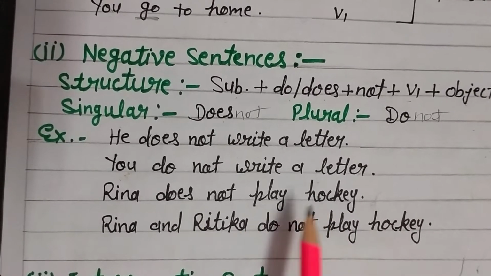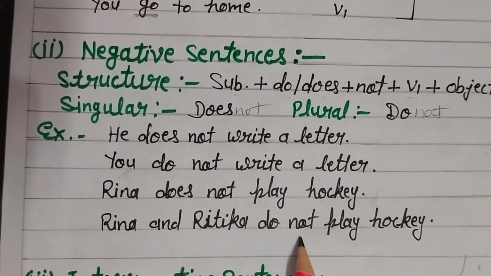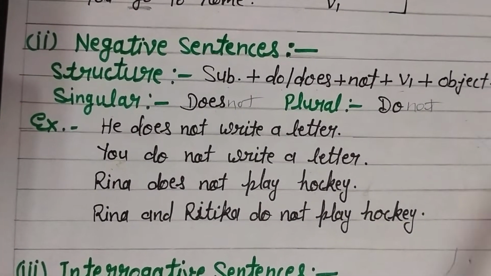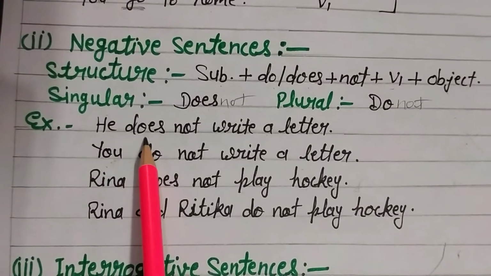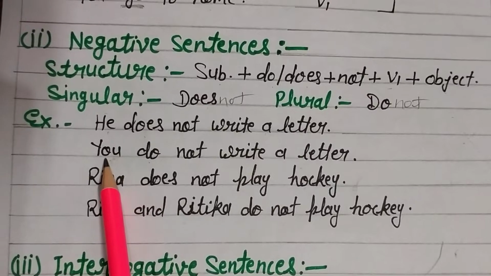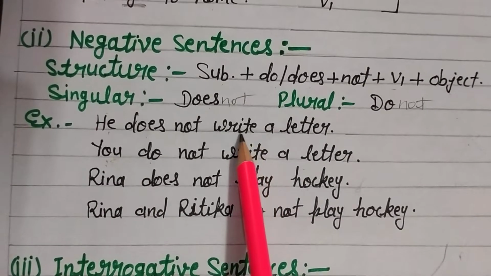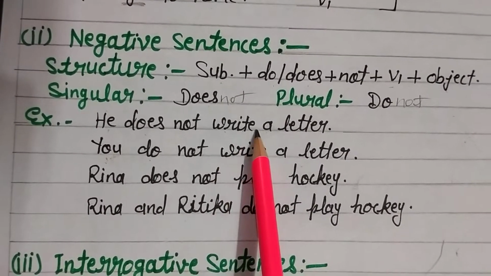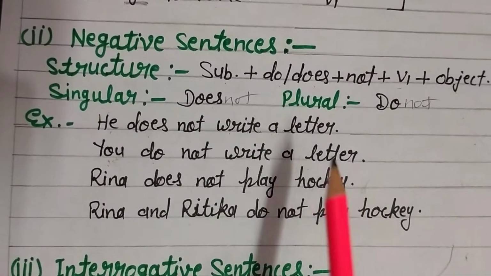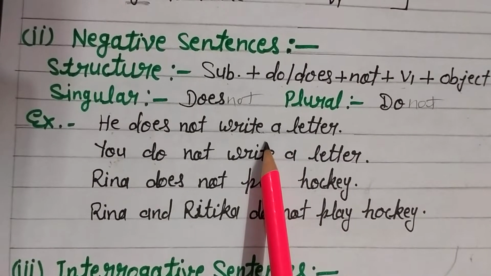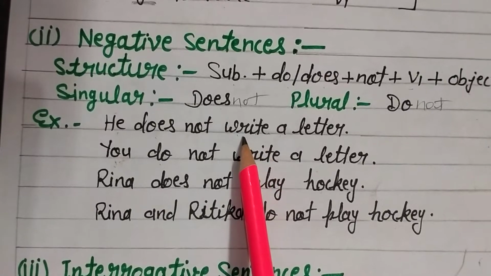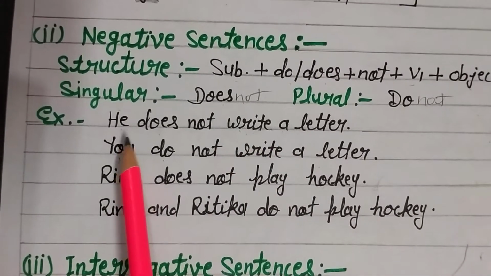Reena does not play hockey. Reena and Ritika do not play hockey. So you should remember here we use does with the singular noun, we use do with plural noun, and we do not use verb's first form with s or es. Okay, in negative sentences we do not use verb's first form with s or es. We use only the first form of the verb everywhere.